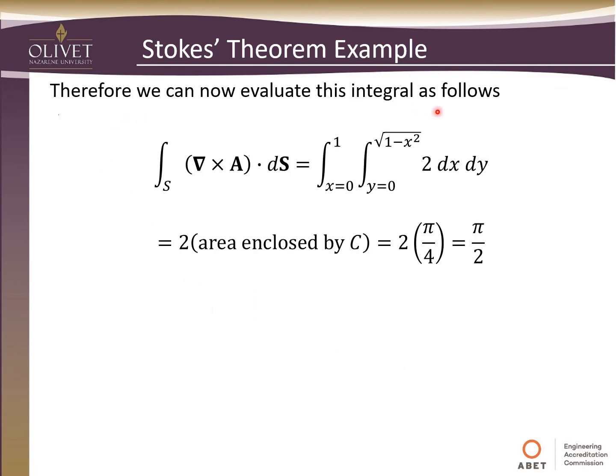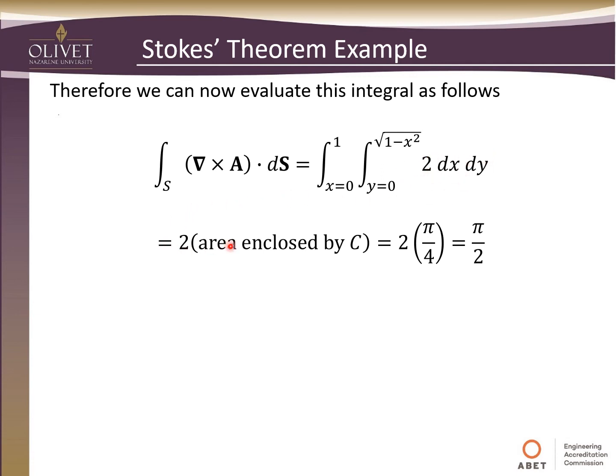Therefore, we can now evaluate this integral as follows. We've got the left-hand side of Stokes' theorem. We've got to have a double integral because we're doing an area. So x is going to go from 0 to 1, y goes from 0 up to the point on that curve, the unit circle, and then we'll have 2 dx dy for our limits of integration.